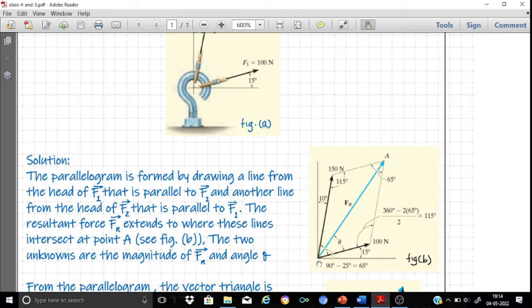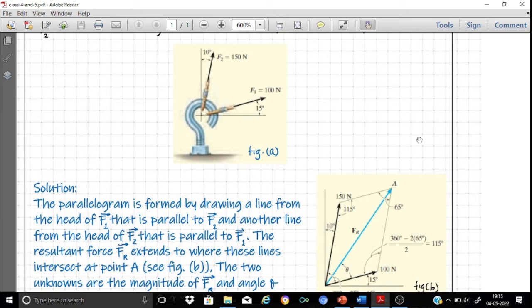It means that the length of this side will be 100 and it is inclined at 15 degrees to the horizontal. Next we construct the other side of the parallelogram such that it represents in magnitude and direction the force F2, meaning it has a length of 150 units and is inclined at 10 degrees to the vertical.